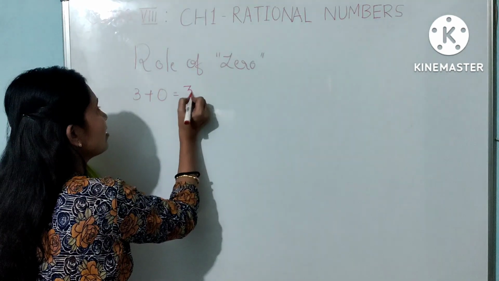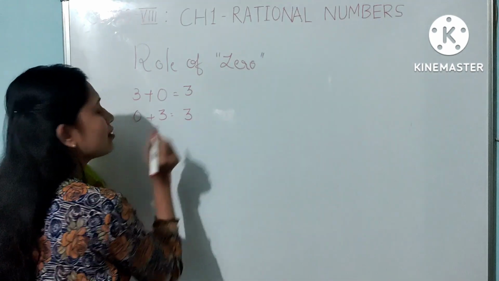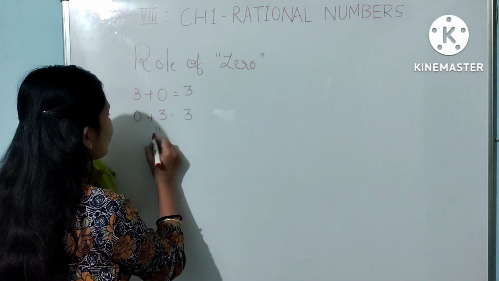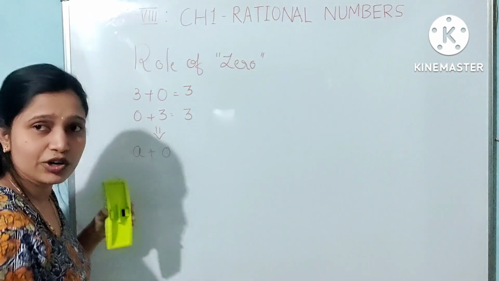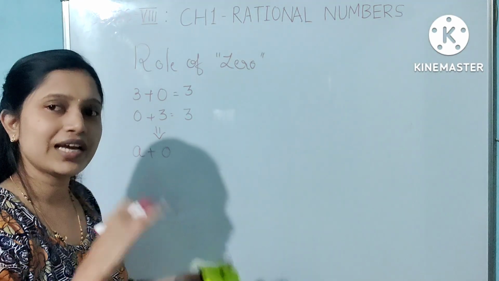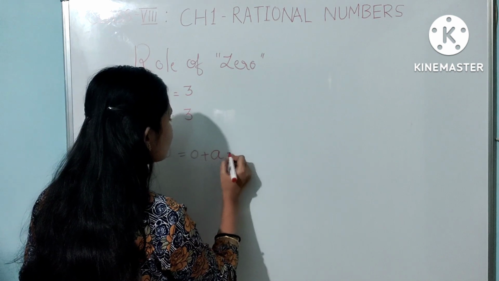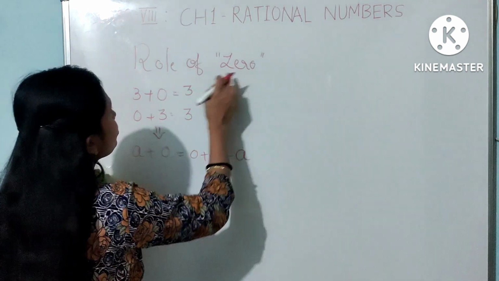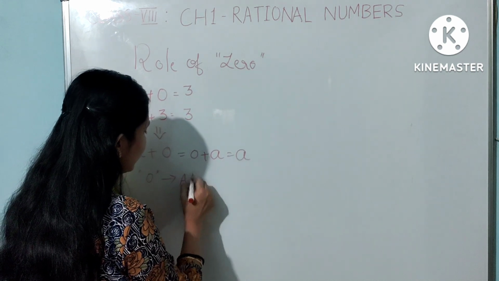Yes, 3. What is the value of 0 plus 3? Again, it's 3. So what we concluded here: if we add any number to 0 or 0 to any number, we are going to get the same number. So 0 is called what? Additive identity.